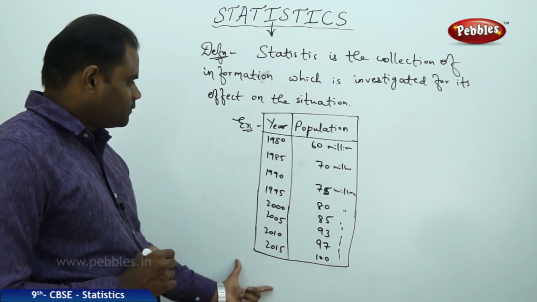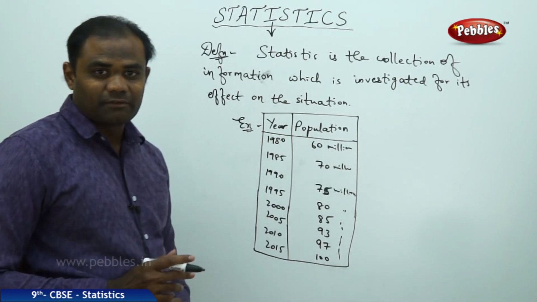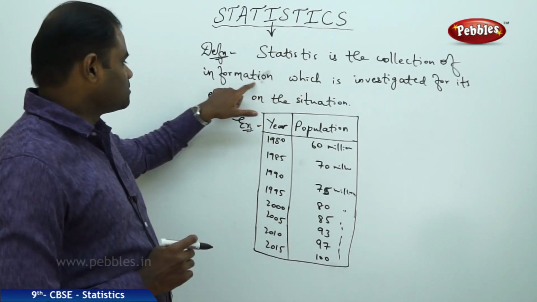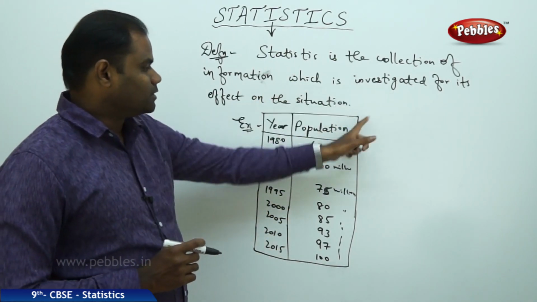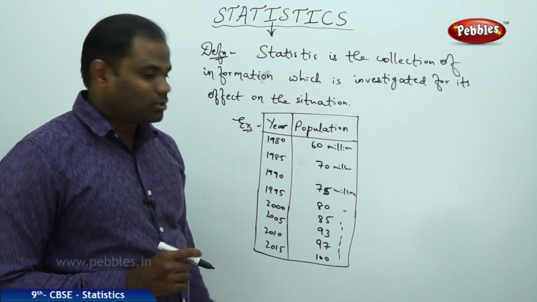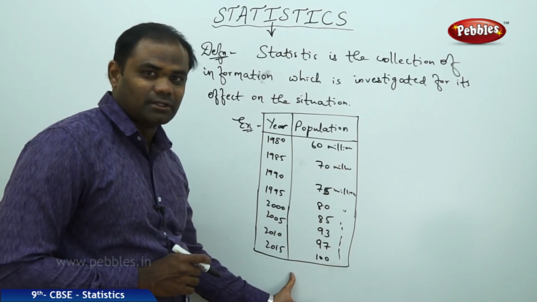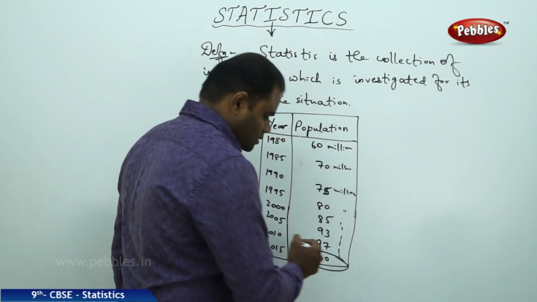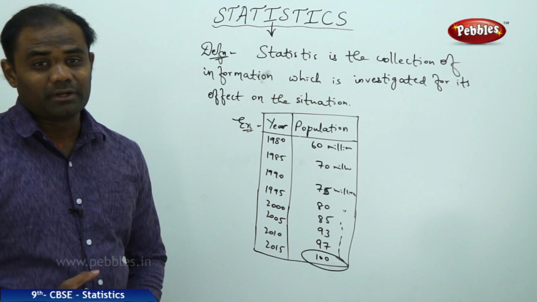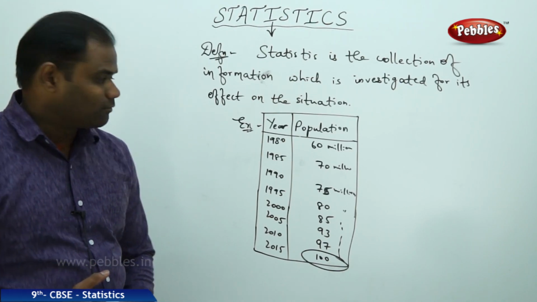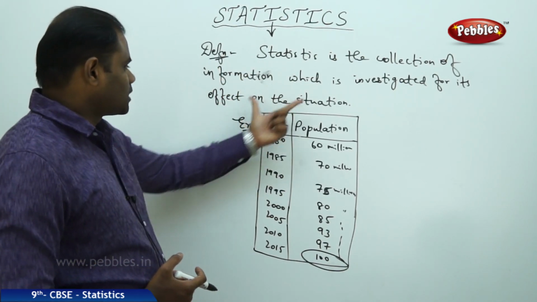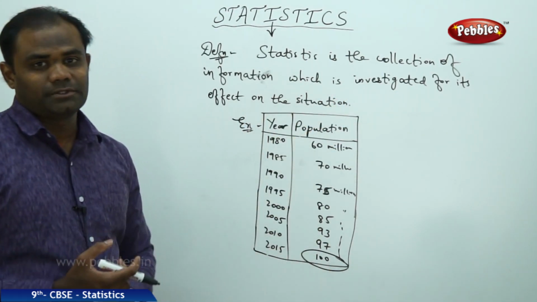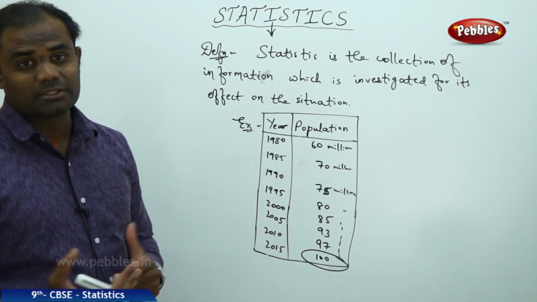So the year which is calculated with population every 5 years gives me the effect, like it gives me the collection of information which is being investigated. Because the population is increasing every 5 years, as seen from this table, I take precautionary measures because 100 million seems to be a very big population. Therefore, statistics, which is the collection of information, is investigated for its effect on the situation, and then precautionary measures are taken.